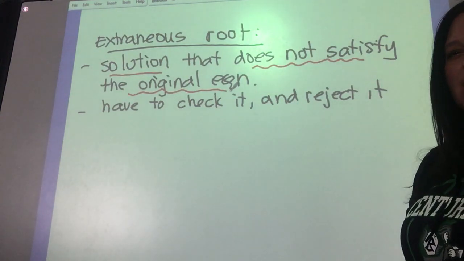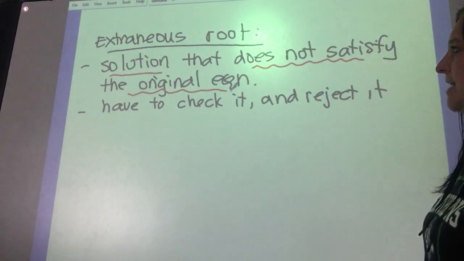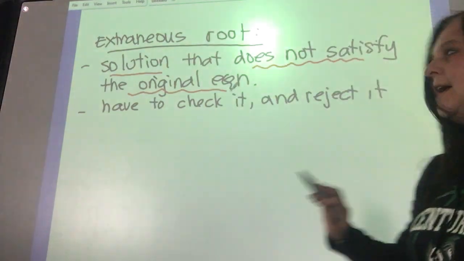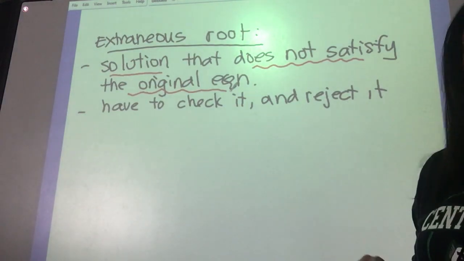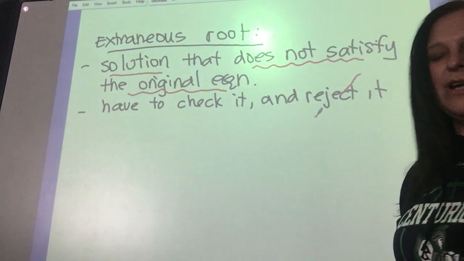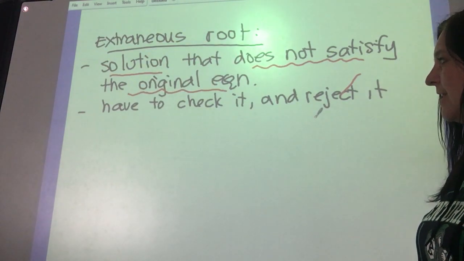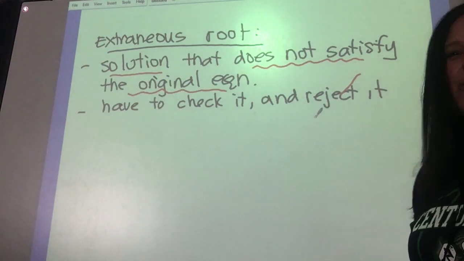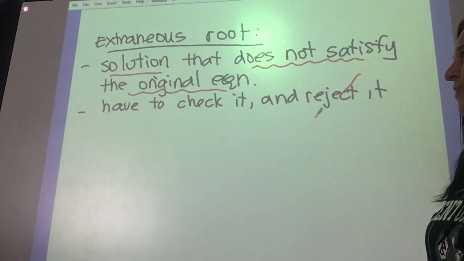We kept x equals 7. The x equals -1 was called extraneous. You always have to check, and if you reject it, you just put a line through it. That comes up a lot in grade 12 math. We're going to be solving lots of quadratic equations, lots of testing for extraneous roots in grade 12. So there you go, your first exposure to extraneous roots.